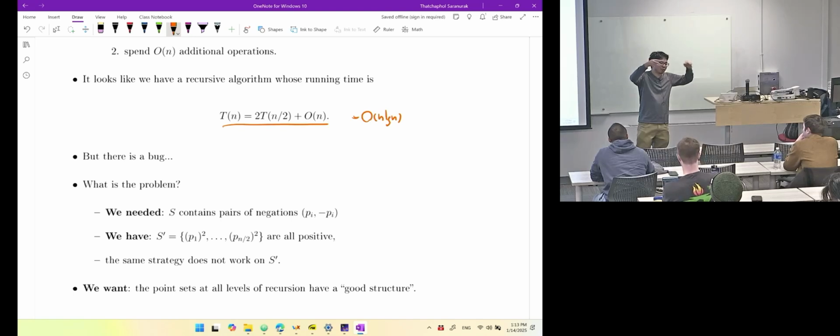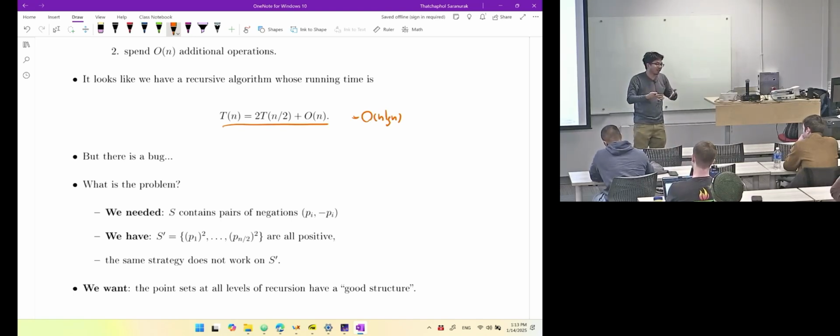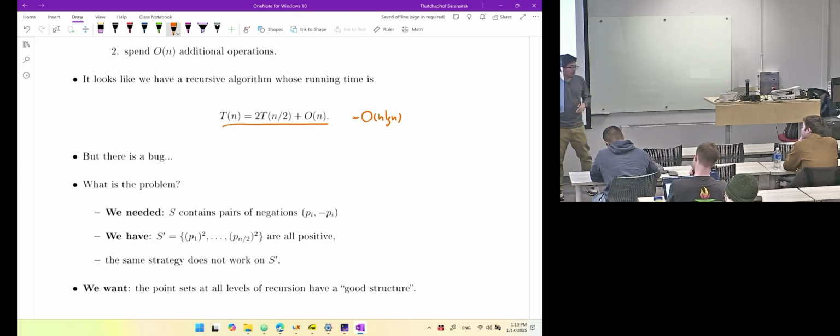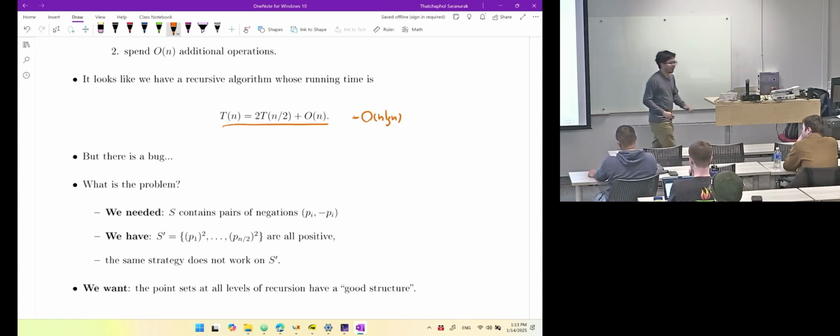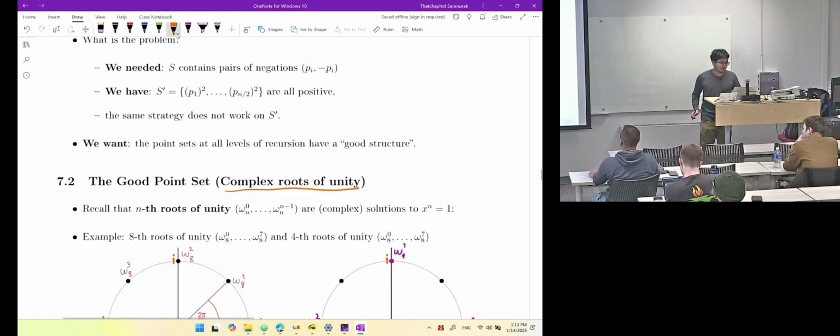But we see that if we do it arbitrarily, then you cannot continue your recursion because the next point set x prime is just all positive and you cannot continue. Now we're going to see that to fix this problem, the end points here will not be arbitrary at all.